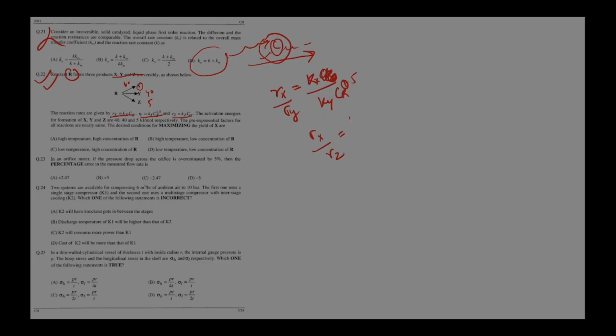So kx upon kz, and the pre-exponential factors are almost the same, so this is the complete k. So activation energy will decide. Now we have CR in the denominator, so high activation energy and low concentration of R. High activation energy, low concentration. That means high temperature, low concentration of R. B is right. Okay.